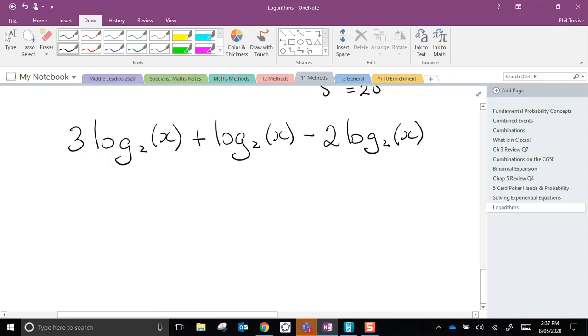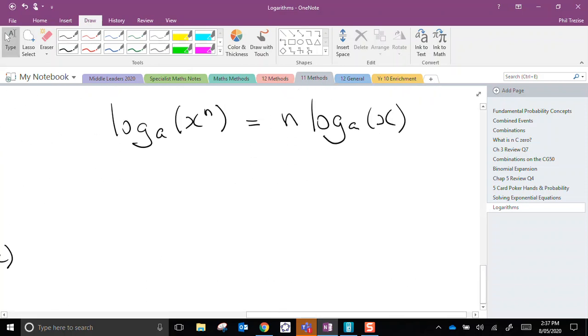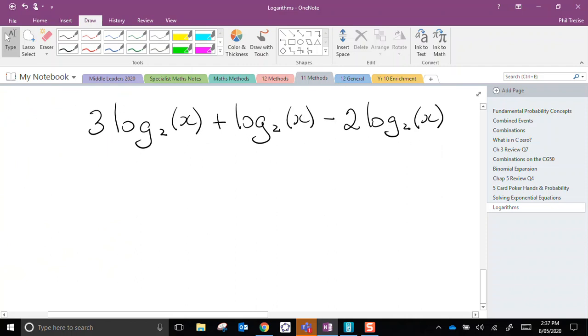Now this one, we notice that it's similar to the last, but we've got this 3 sitting at the front here. And for that one, we will apply our last logarithm law. When there is a constant number multiplied by a log, it's the same as if we had this as a power inside our logarithm. So let's go and do that part first.